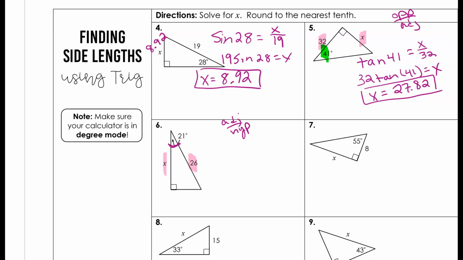So the cosine of that angle, 21, is equal to, now let's start substituting for adjacent over hypotenuse, x over 26. I multiply 26 times cosine of 21. That gives me my x measurement. X is equal to 24.27.